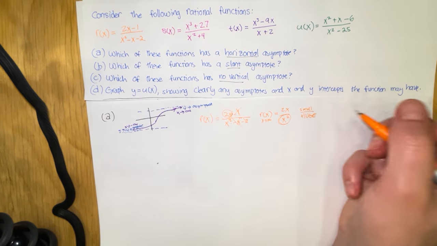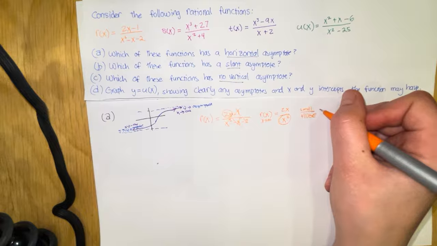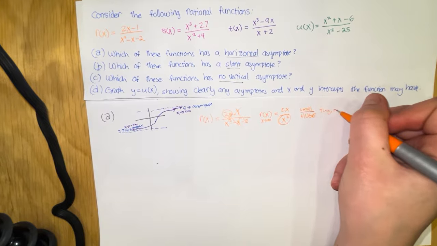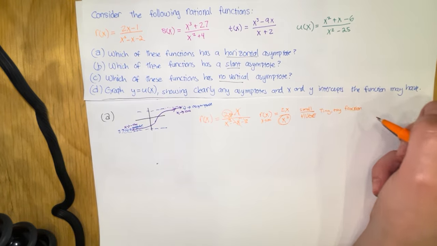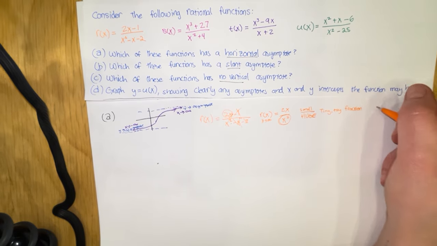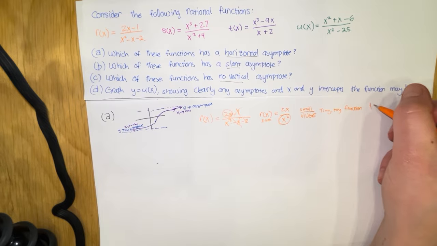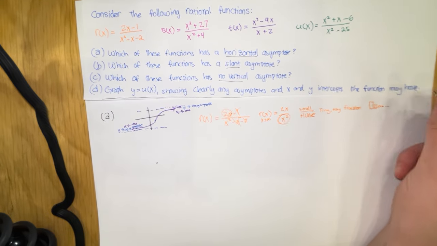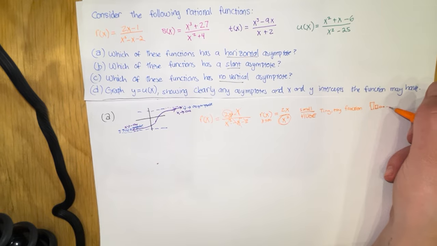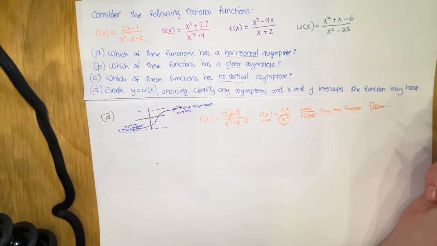So this is going to end up being a tiny fraction. This is going to be a super small number. And as you get closer and closer to infinity, this fraction, say this is 1, is going to be smaller and smaller, and it's going to go towards 0. It will never touch 0 because it's always going to be a fraction, but it'll get a tinier and tinier fraction.